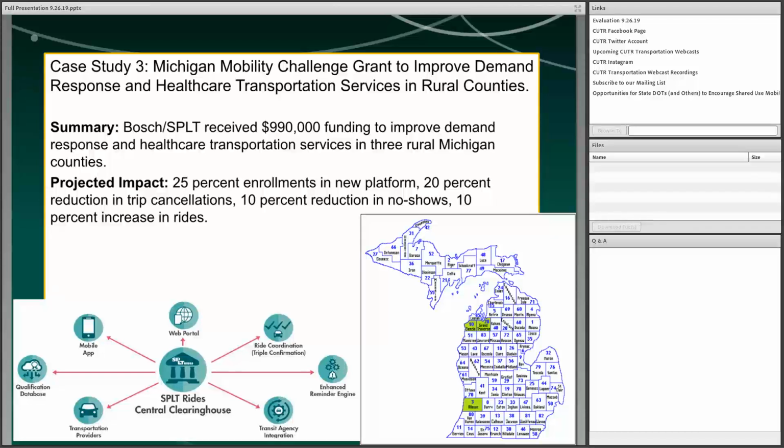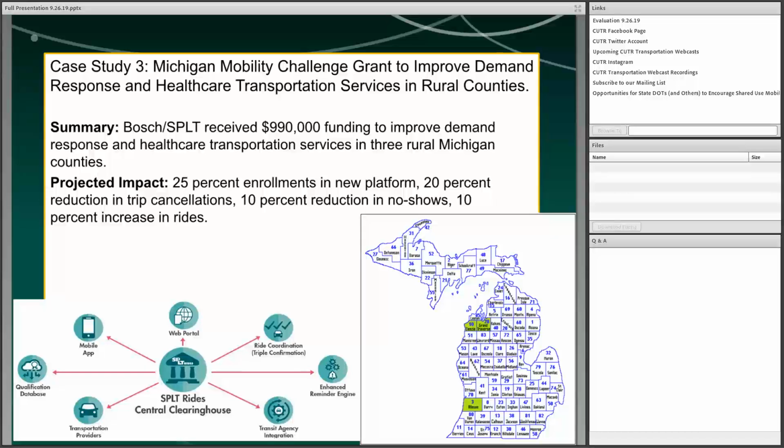If you look at the lower left corner of the Split architecture here, riders could use mobile phones to book or manage a trip, or they could use the web portal instead. Ride coordination is provided for trip reservations on, say, paratransit trips. Triple confirmation is provided to the rider, the healthcare provider, and maybe the caretaker.